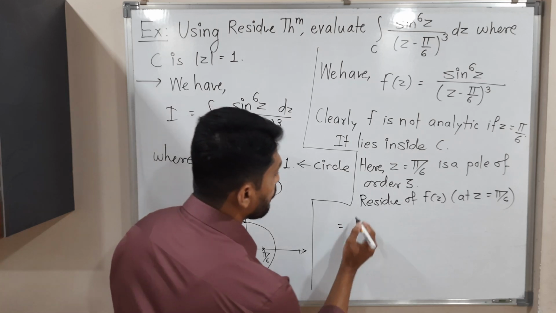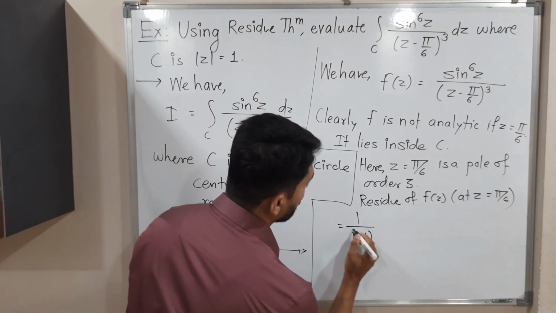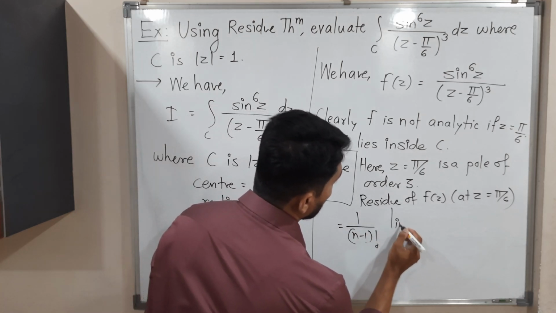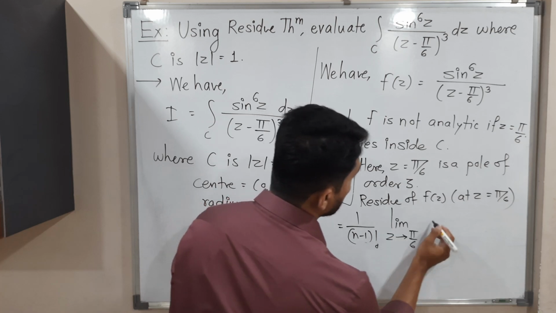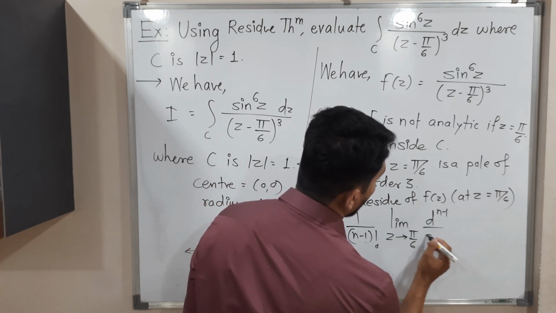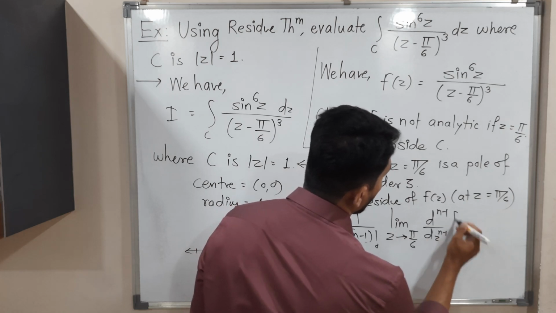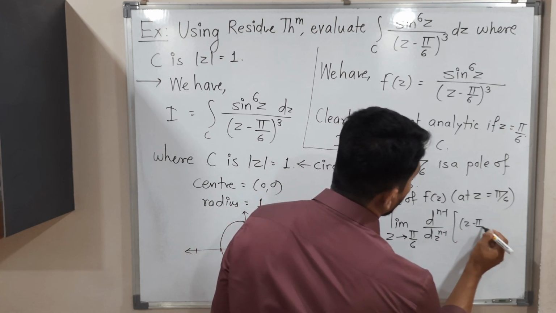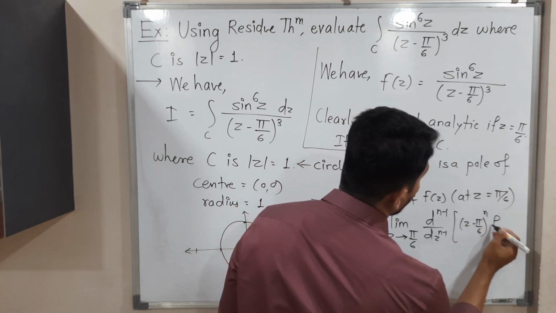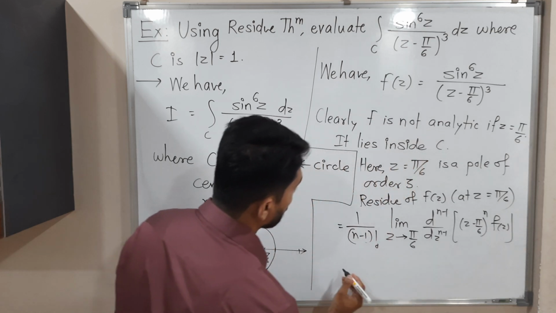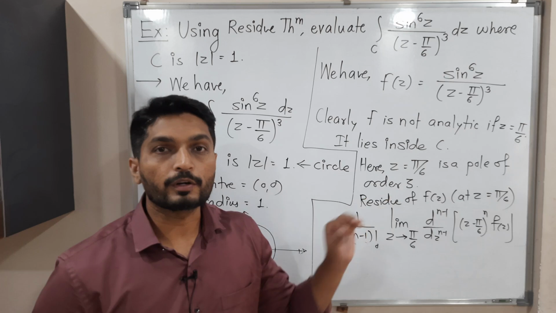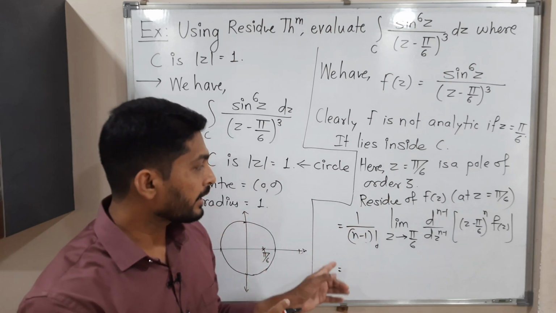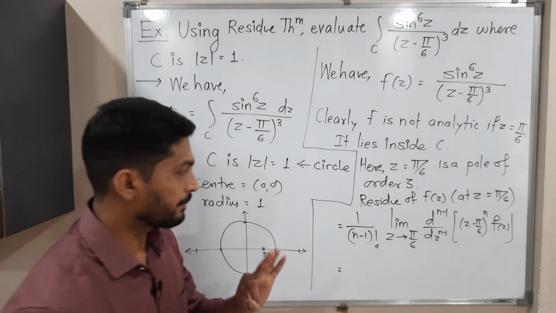The formula is 1 upon n minus 1 factorial, limit z tends to pi by 6, it is a singular point, the n minus 1 derivative of z minus pi by 6 raised to n f of z. So here the value of n is 3 since this is a pole of order 3. So in place of n we have to put 3 everywhere.